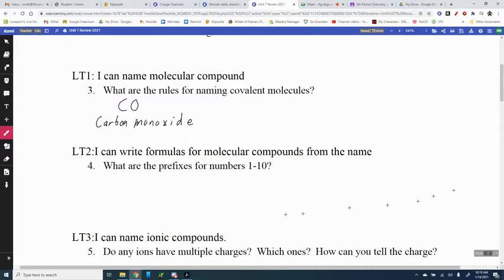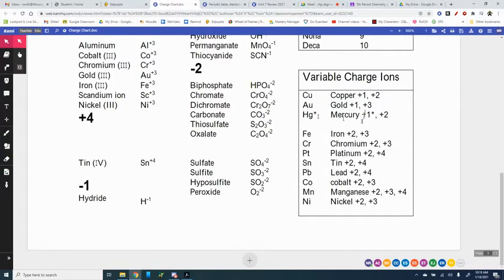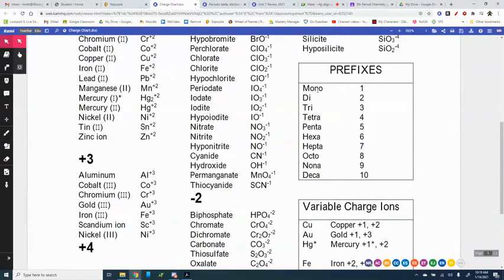The other thing you have to remember is to replace the ending of the second part of the compound with IDE. So notice it is oxide instead of oxygen. The prefixes for numbers 1 through 10 are listed on your charge chart. They are right here: mono, di, tri, tetra, penta, hexa, hepta, octa, nona, and deca.